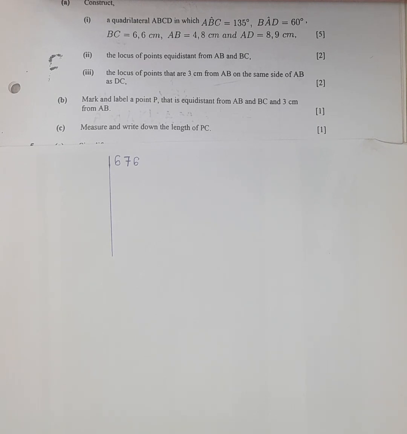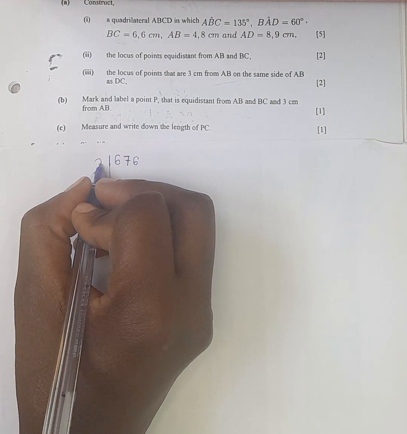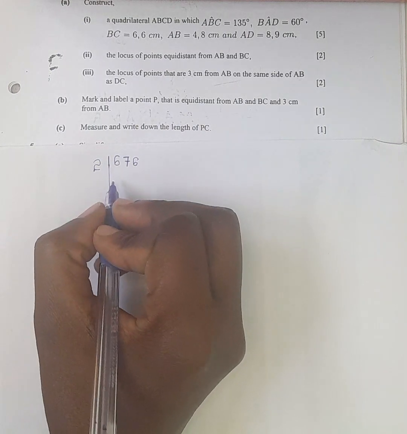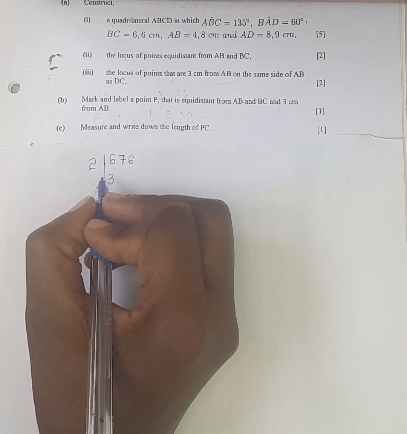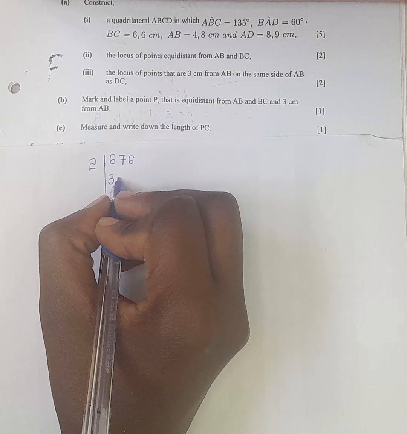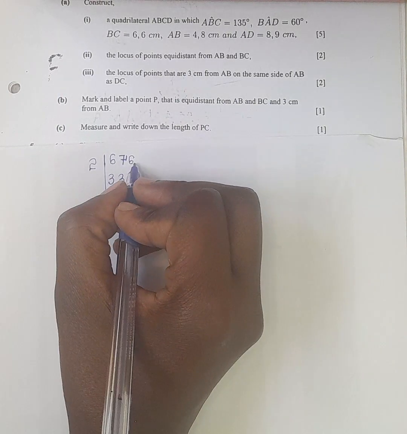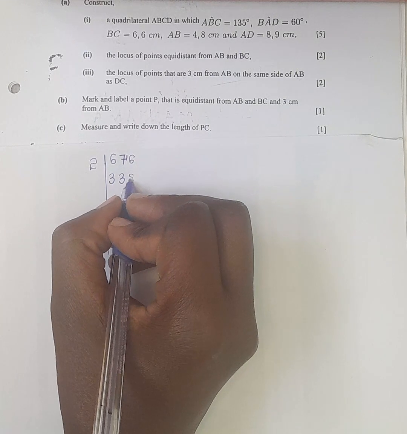So the lowest prime number that divides 676 is 2. So we say 2 into 676. 2 into 6, we get 3. And then 2 into 7, it is 3, remainder 1. 2 into 16, we get 8.